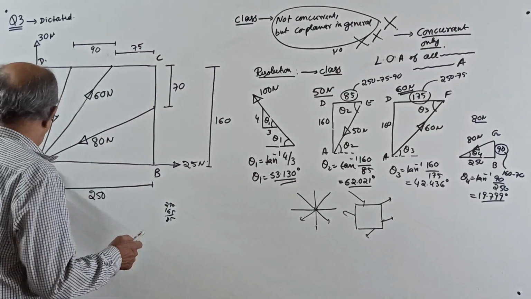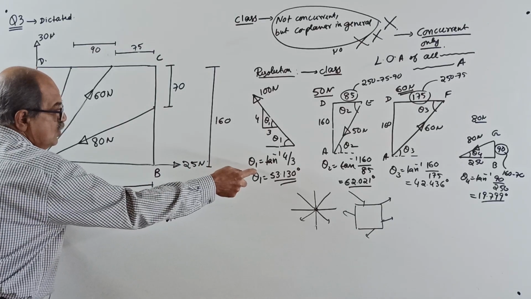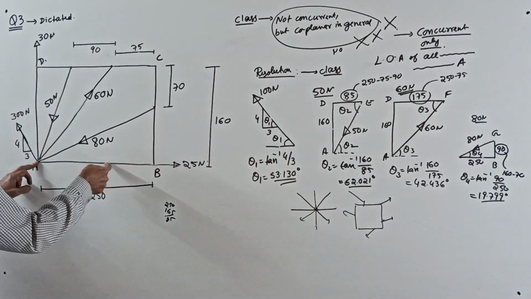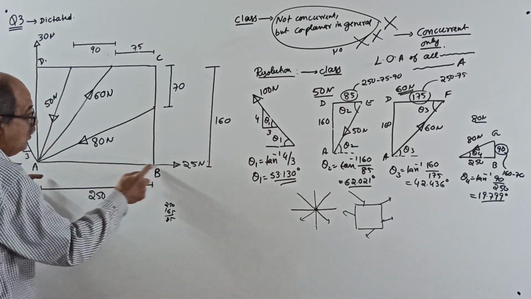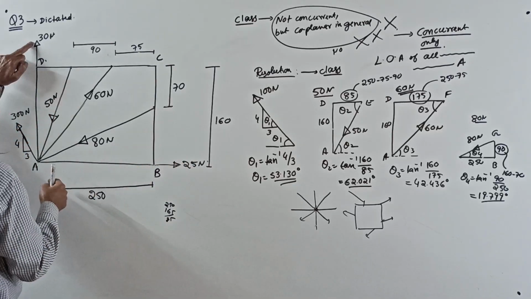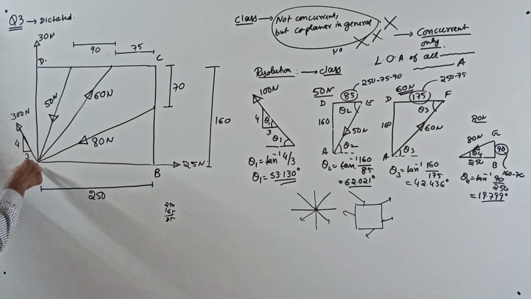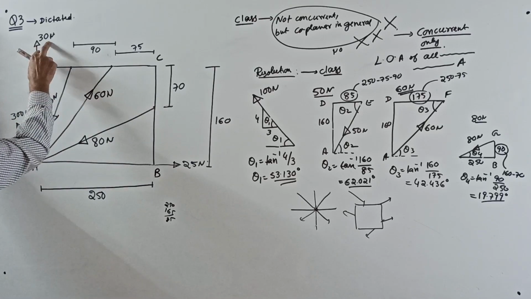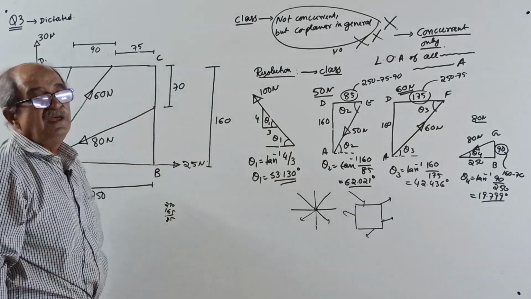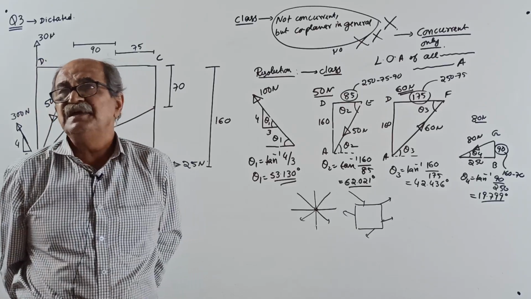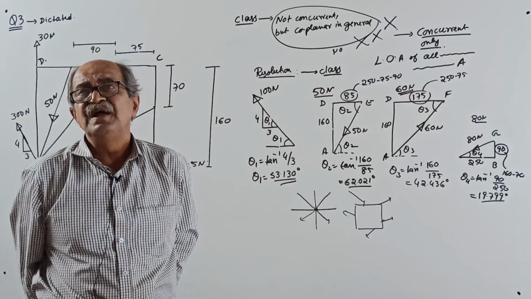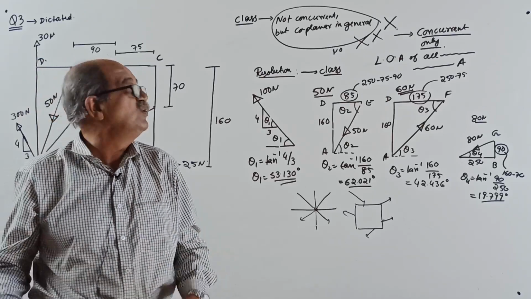Someone will say the 25 also passes through A only. No problem. The 30 Newton force also, if you extend it, its line of action will pass through A. Therefore, even though it looks like a general coplanar force system, it is actually a concurrent force system only.